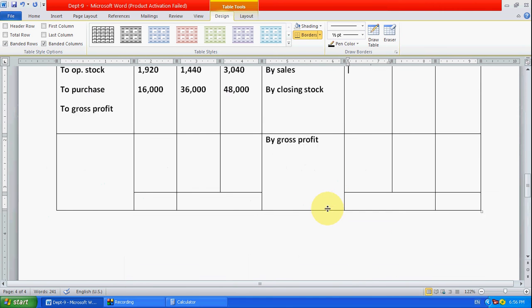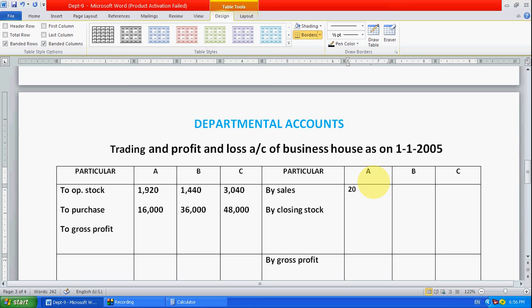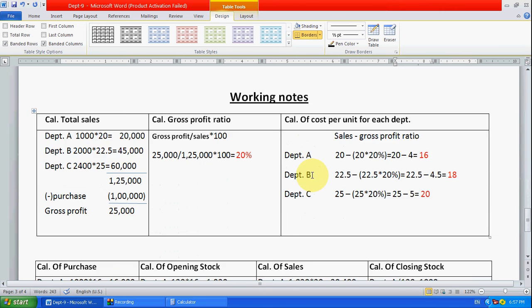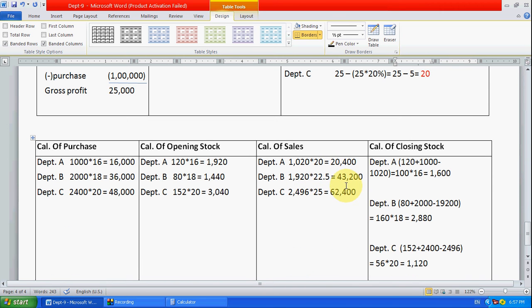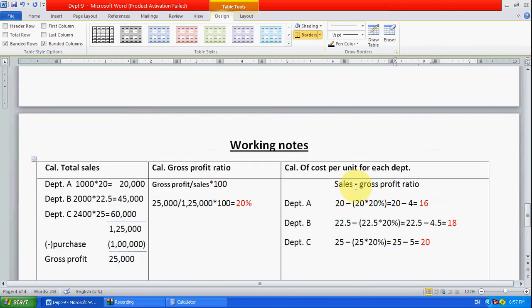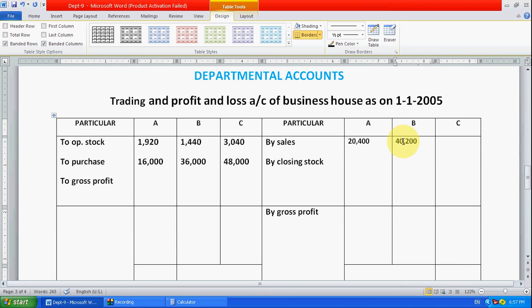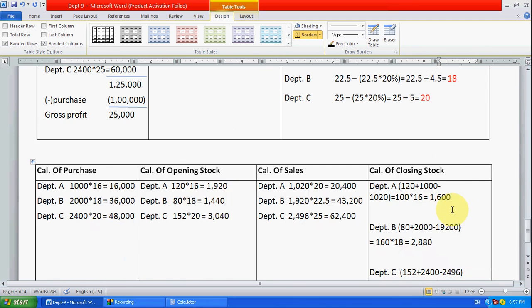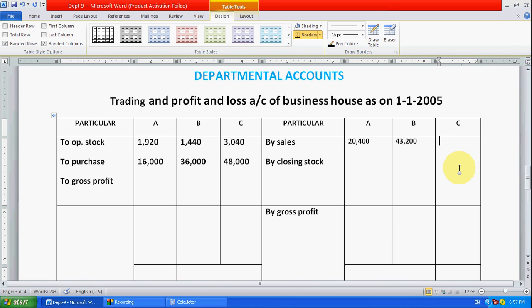Now go for sales first. 20,400, 40,200. See, 200, 300, 43,200. This one is 43,200. Now the last, 62,400.